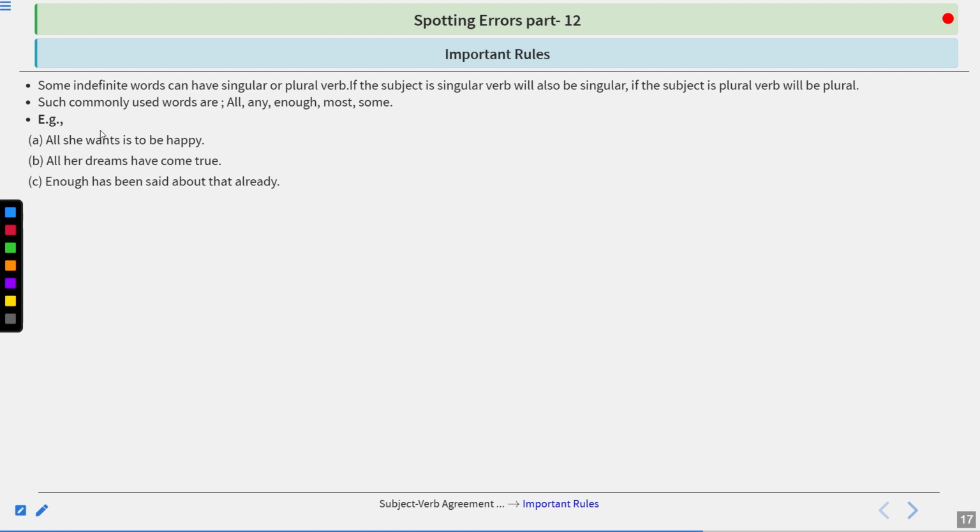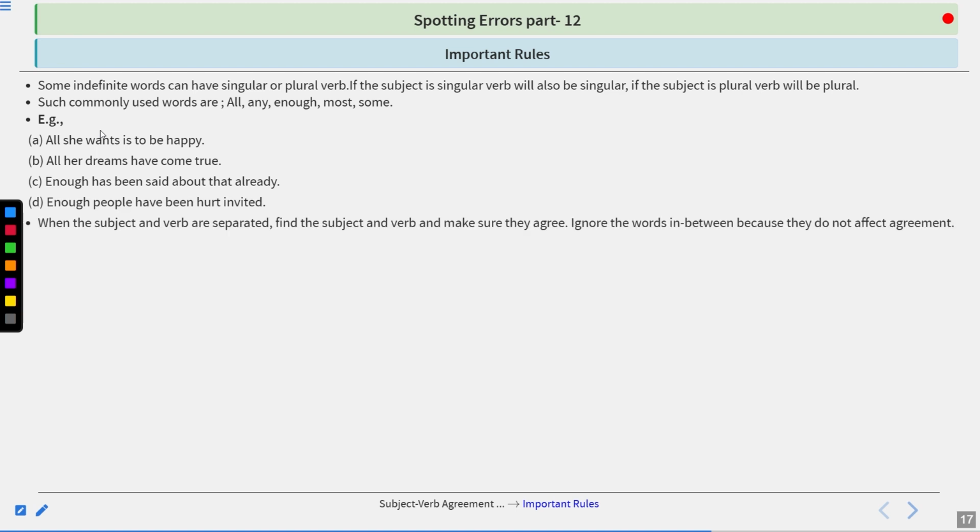Enough has been said about that already. Enough people have been hurt. So if you find these words used with a singular, use a singular verb, and if you find these words with a plural, use a plural verb.